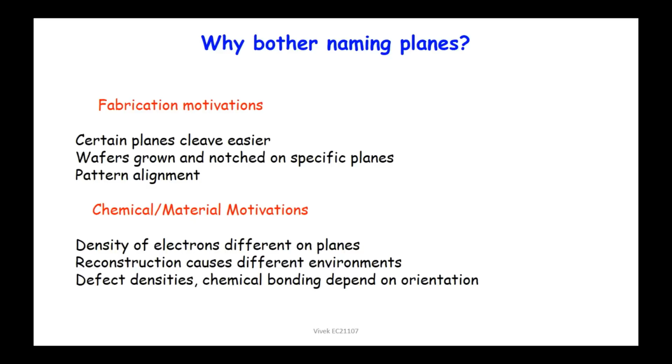Now what is the purpose of naming these planes? Because when you name them, you can discuss different planes, because when we deal with a crystal, we use these planes for a specific purpose.